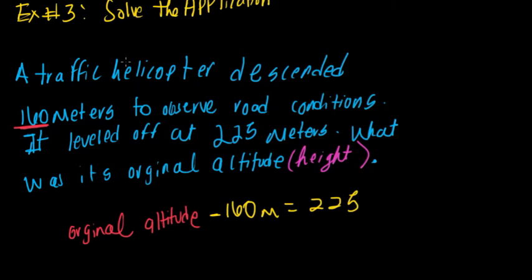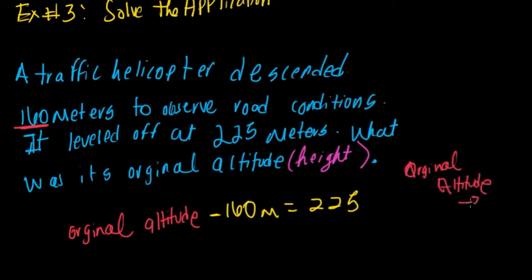Well, let's go ahead and solve this, because this is an equation. Now, I don't want to confuse you with all these different words and letters, so let's let some stuff stand for some things. The original altitude is what we want to find.